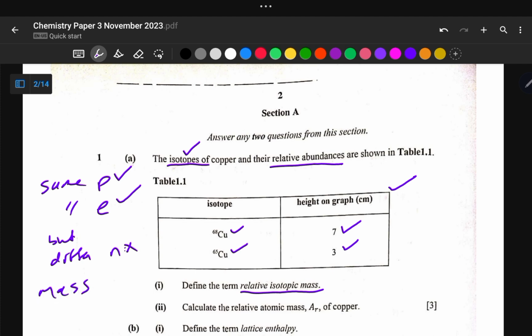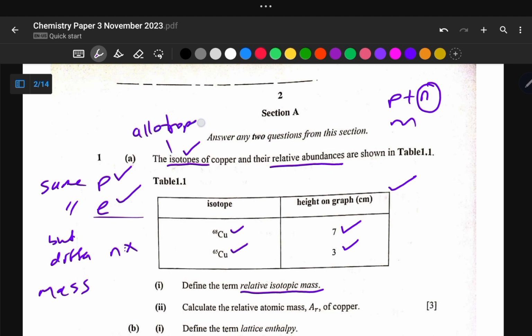The mass number is made up of the protons plus the neutrons. So if we have different numbers of neutrons, it simply means we are going to have different mass numbers. You need to take note of that, and you should also be able to define the term allotrope.